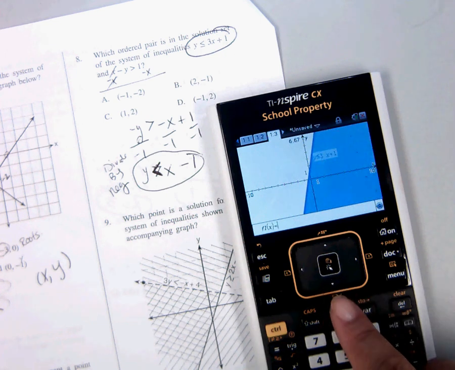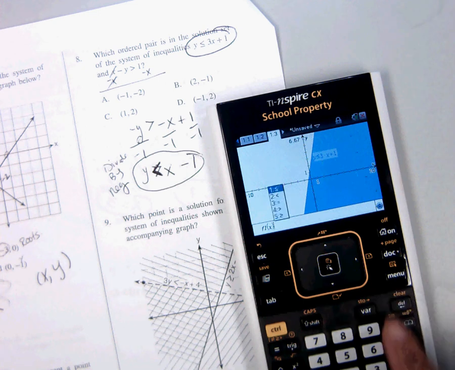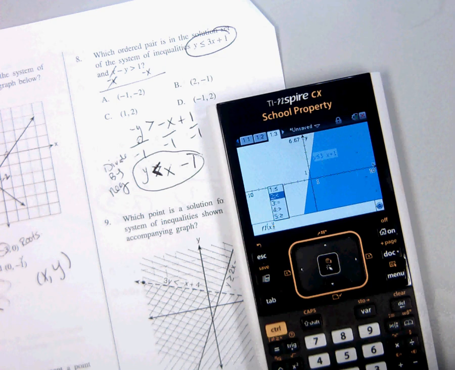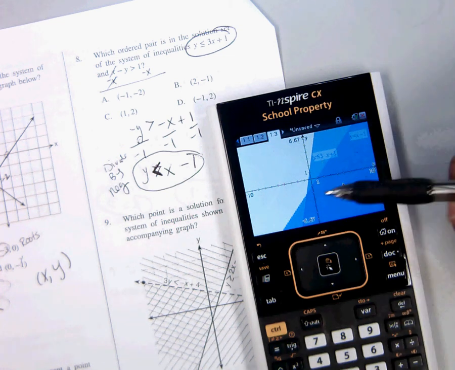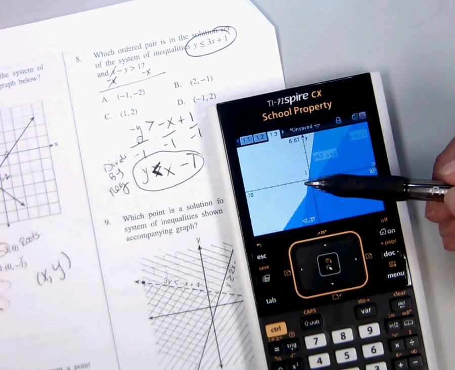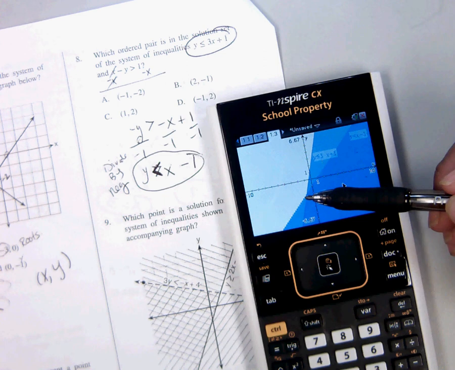And then I need to delete, I need a less than, and I need x minus 1. Okay, double shaded region is here. So negative 1, negative 2. Negative 1, negative 1, 2. It looks like it's right at the x.